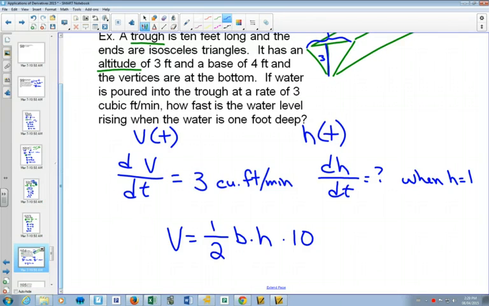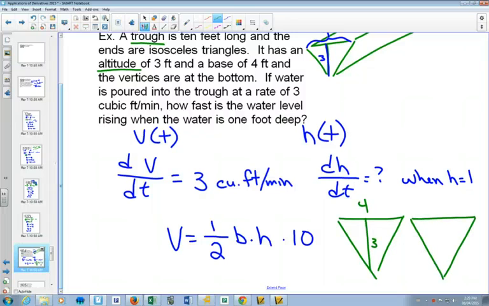So I'm going to draw this triangle again here, where the base is 4 and the height is 3. And what's happening is we're looking at a situation where the water is at 1 meter. And if it's 1 meter high, the base and the height aren't going to be 4 and 3.